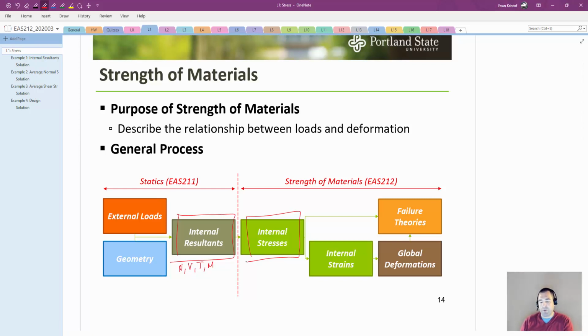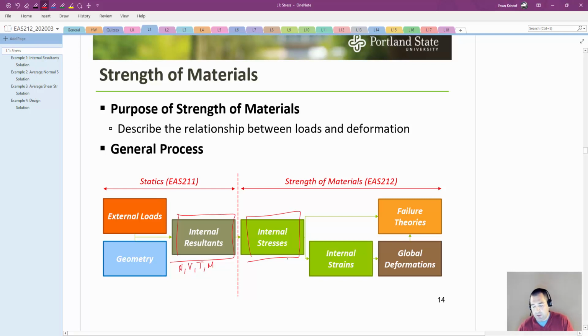You'll see this in a second, but the internal stresses writ large are simply the intensity of a loading of an internal resultant at a specific point on the cross section, and it might change depending on where you are on the cross section. So it's like the internal resultant is the forest, and the internal stresses are like an individual tree in that forest. It might have a different size, a different shape, and it's just one small part of the larger forest.